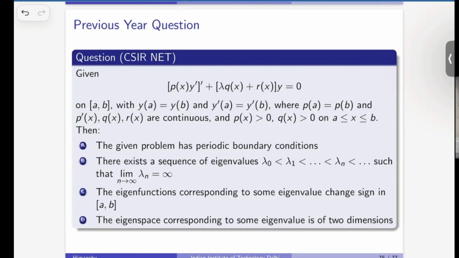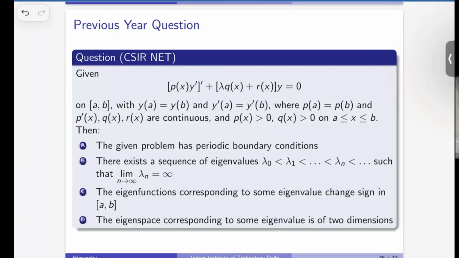The given problem has periodic boundary conditions. As we have seen in the properties, there exists a sequence of eigenvalues which we can arrange increasingly such that lambda n tends to infinity as n tends to infinity. The eigenfunctions corresponding to some eigenvalues change sign in (a, b). This is also true if we take other than the least eigenvalue, right?